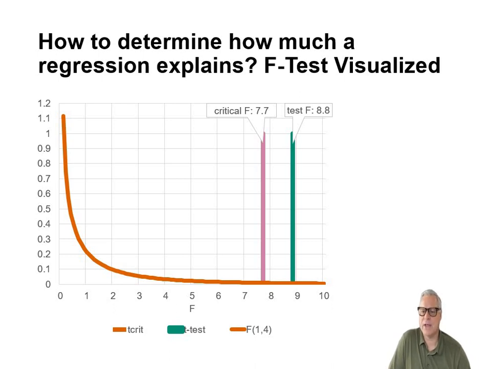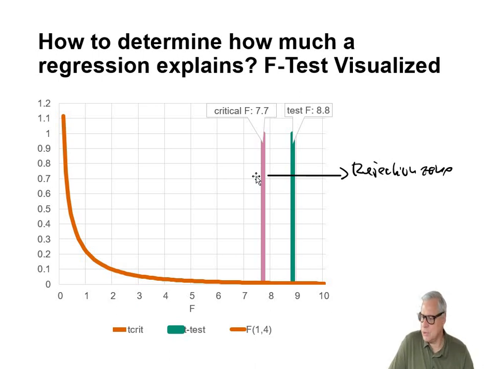And our F test is clearly in the rejection zone because our rejection zone begins here. So that is the rejection zone. Okay, so to the right of our critical F, we have 5% probability mass, and to the right of our test statistic, the 8.8, we have roughly 4%.